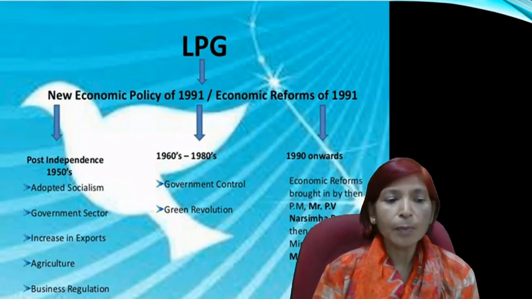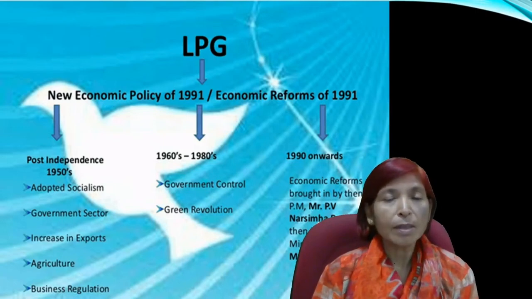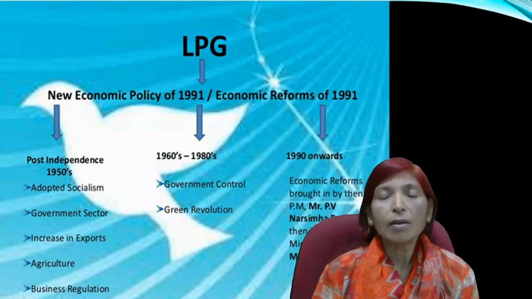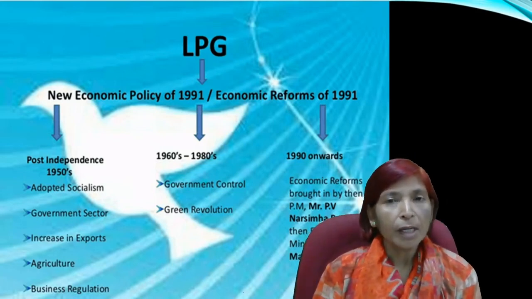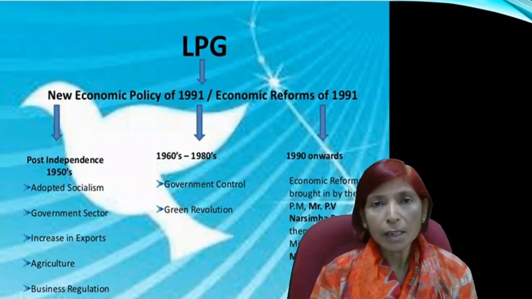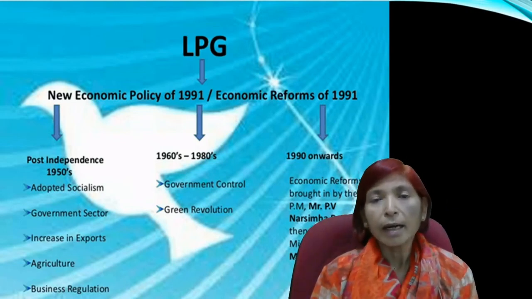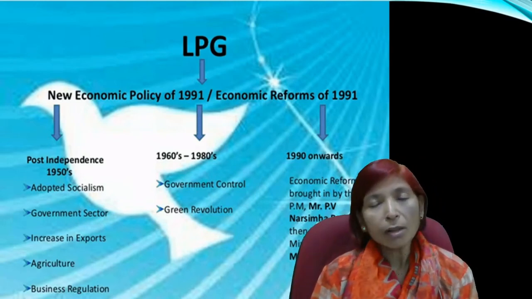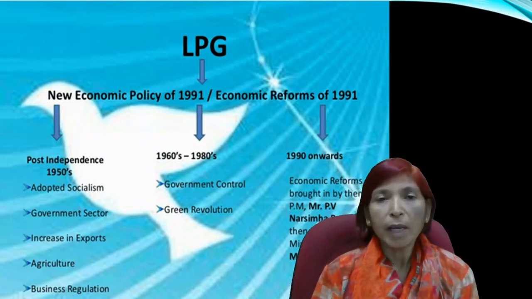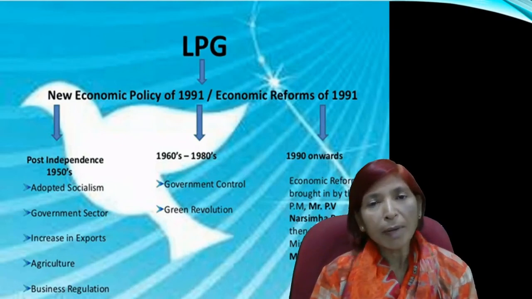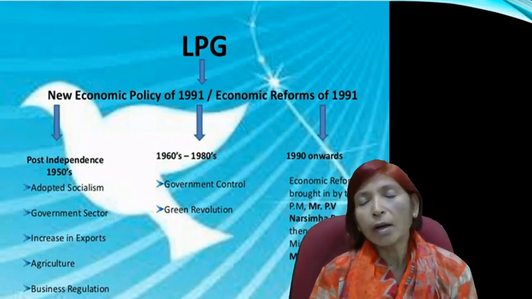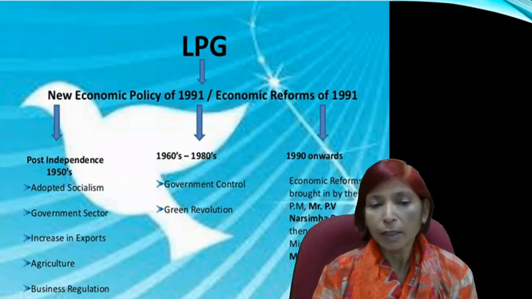Agriculture was the predominant sector in the Indian economy, and business was mainly regulated by the government. Between the 1960s and 1980s, the government was controlling all the economic activities, and the public sector played the lead role in all of them.